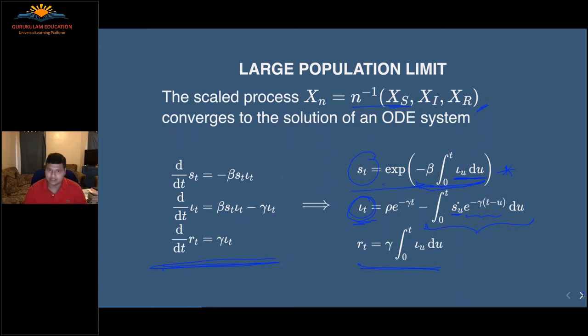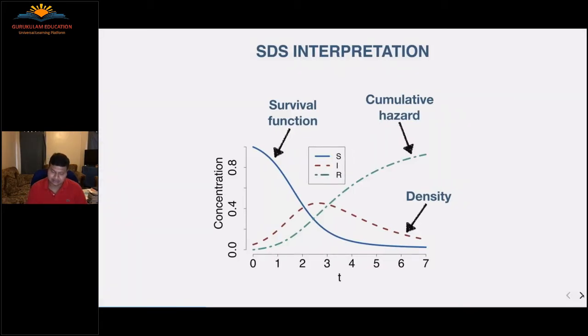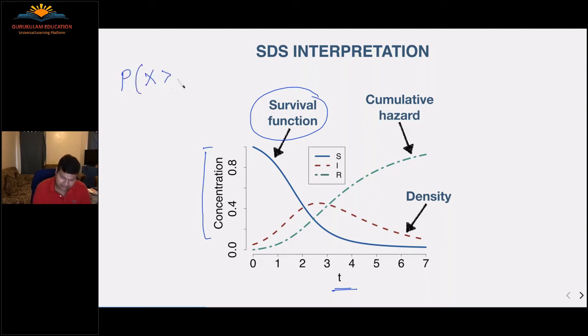If I now put things pictorially, going back to these typical trajectories, on the x-axis we have time, on the y-axis we have the concentration or proportion of individuals. You have the S curve, but this is not just a proportion anymore, as we just saw that this is also a survival function. A survival function is typically this quantity whenever you have x greater than or equal to t, so 1 minus the cumulative distribution function.